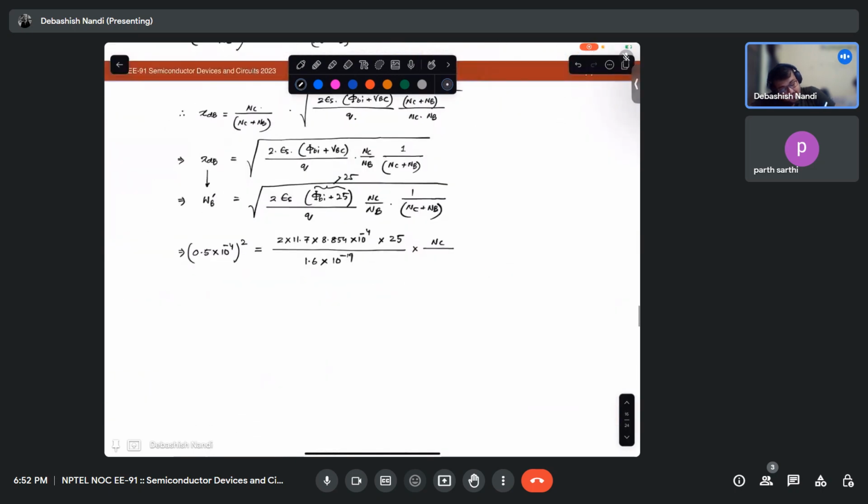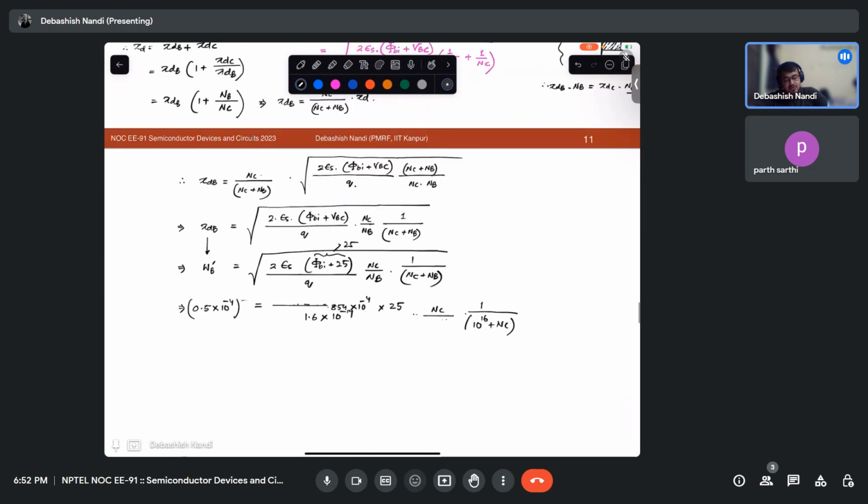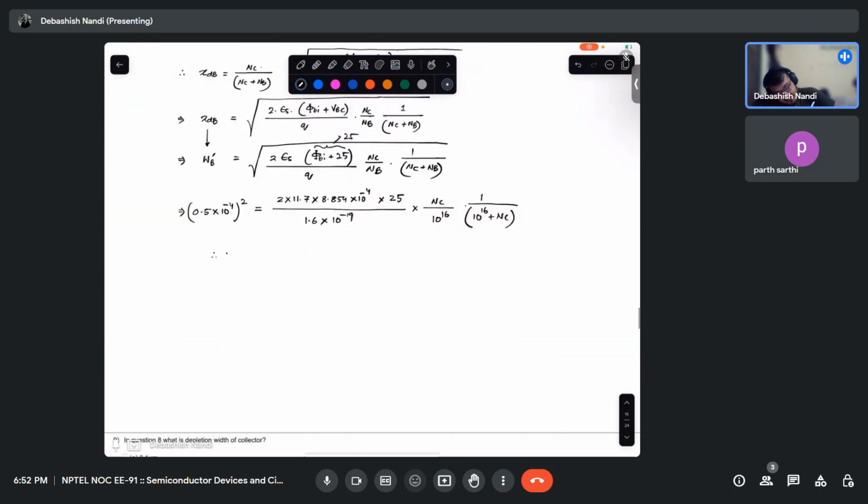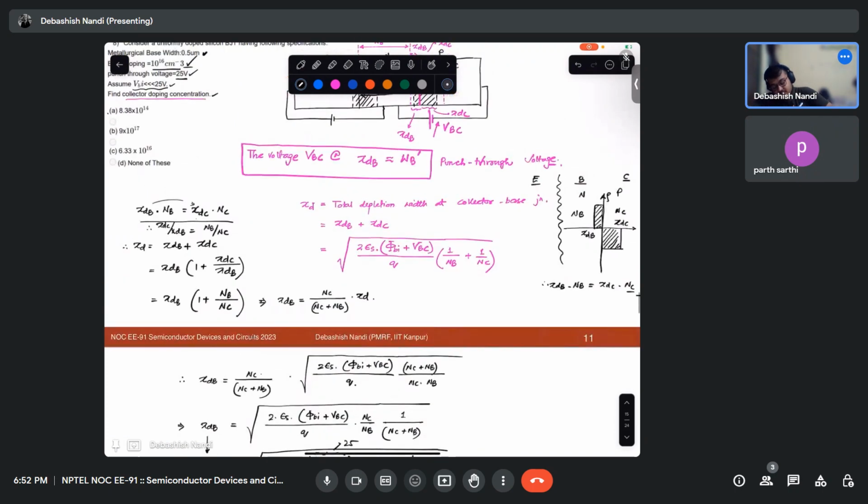NB is given as 10 raised to 16, times 1 over 10 raised to 16 plus NC. So everything is known, you need to compute NC. If you compute it, NC comes out to be 8.38 times 10 raised to 14 per centimeter cube. So this one will be your answer.